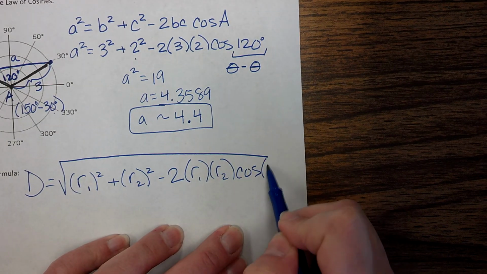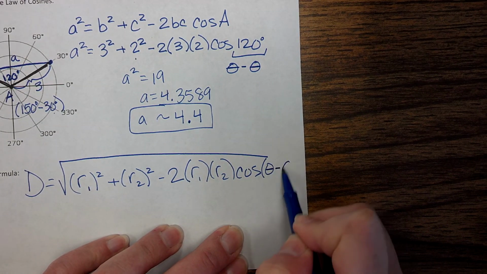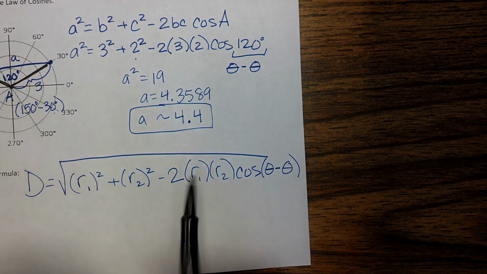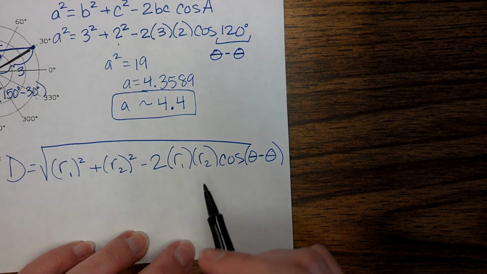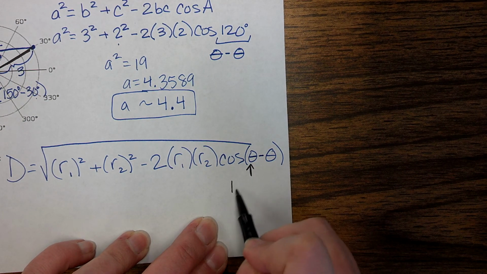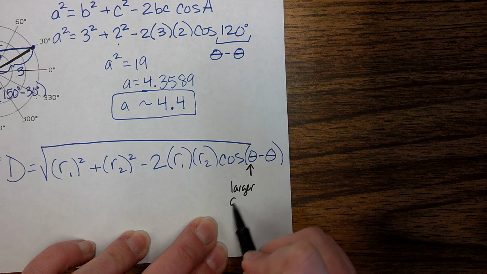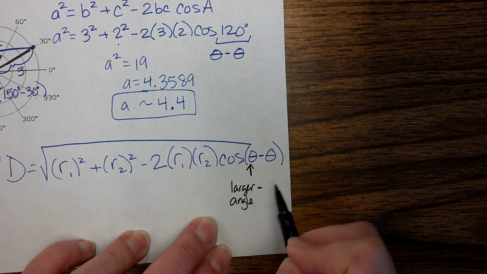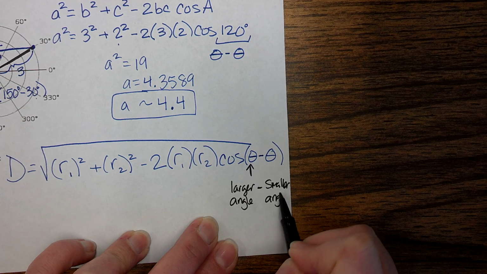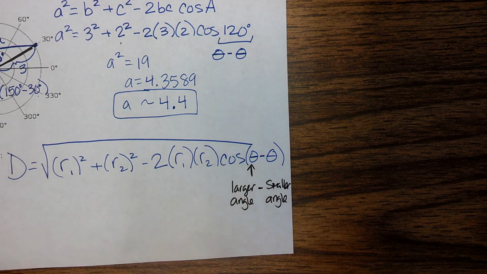And to get that angle, we had to subtract theta minus theta. I feel like the easiest way to remember that is to just say this theta is going to be the larger angle minus the smaller angle. So big minus little.